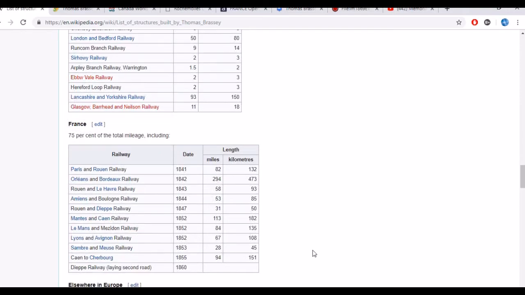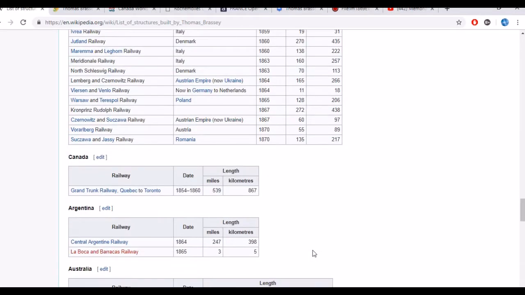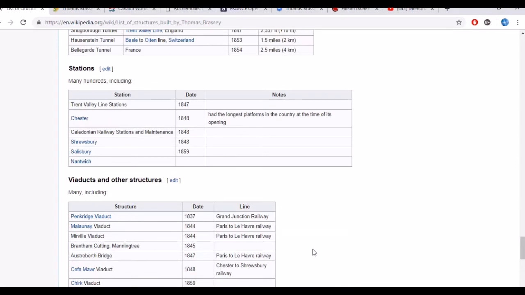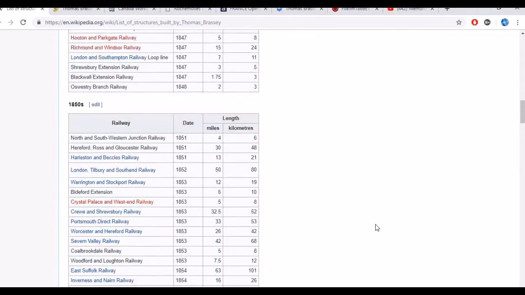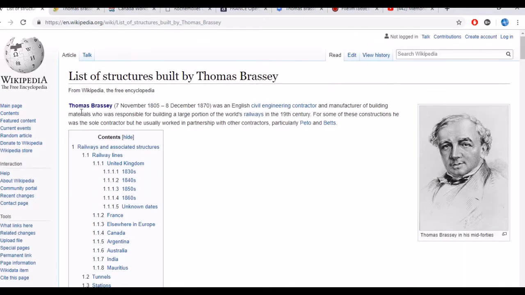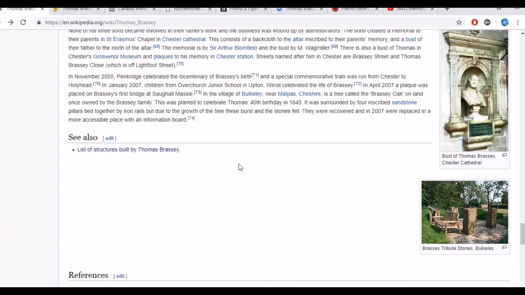Unknown dates, France, elsewhere in Europe. Obviously he didn't build all these by himself, he contracted people, but all of these were attributed to him. They're all attributed to Sir Thomas Brassey. I don't think he was made a Sir. Was he made a Sir? I'm not entirely sure. Let's go back to his wiki page.